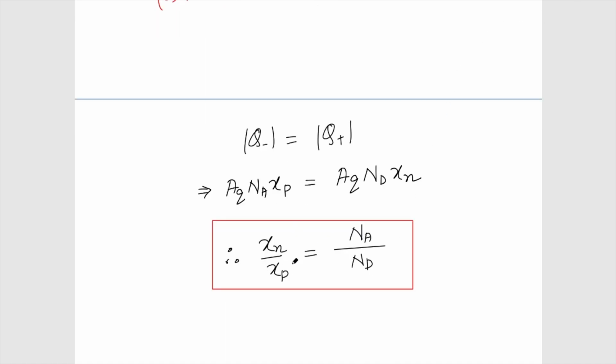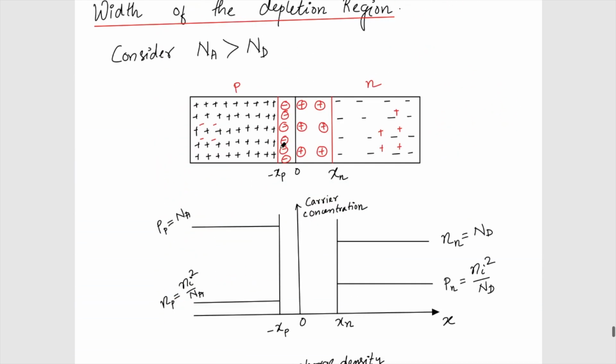So what I meant is the depletion region, the distance of the depletion region on the N side and P side, the ratio is inversely proportional to its doping concentration, which is true even based on the simple intuition that we have seen, that if I have a higher doping concentration this side compared to this, then this xn is going to become larger and this xp is going to become smaller.